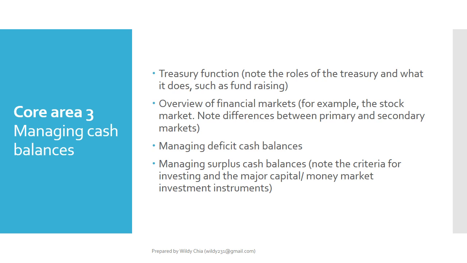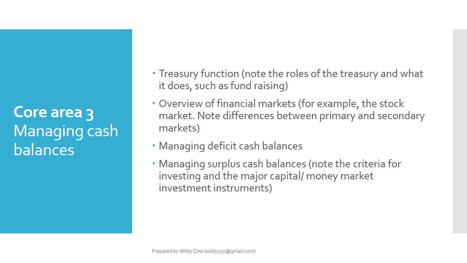Moving on, managing deficit cash balances. How do you manage a negative balance? Simple. Could you use an overdraft? Could you use trade credit to improve the cash balance? So these are some very simple measures. Moving on, what happens if you have a surplus balance? What do you do with it? How do you invest it? What's the criteria we use for determining whether we want to invest?